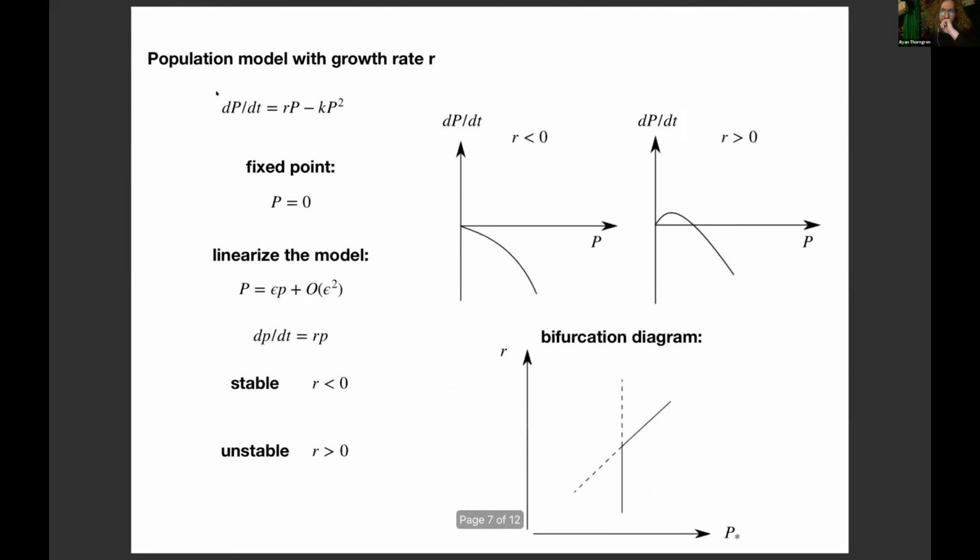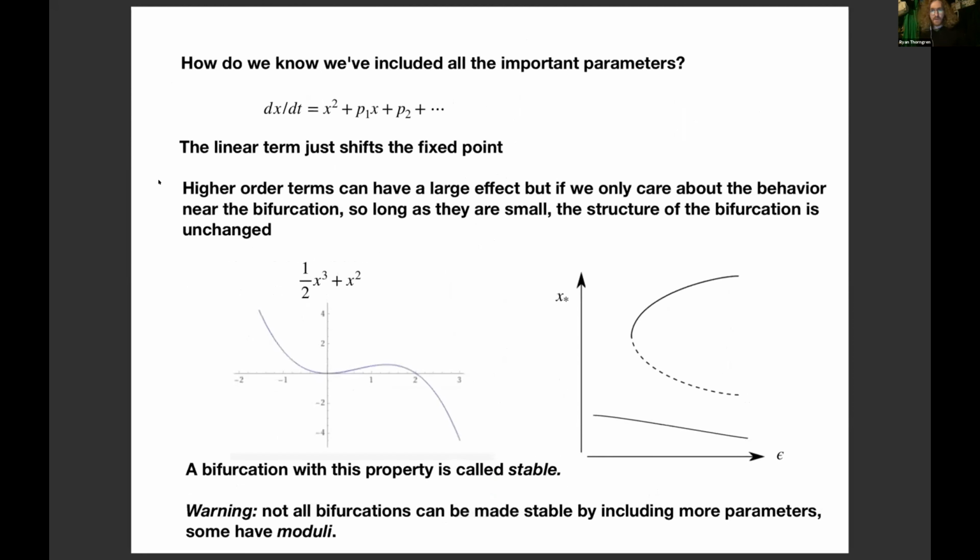In particular, how do we know that we've added enough parameters, or that we've included the most important parameters? In this x squared example, I told you we can add a constant term, and that can destabilize the unique fixed point at x squared if we just have the x squared term.